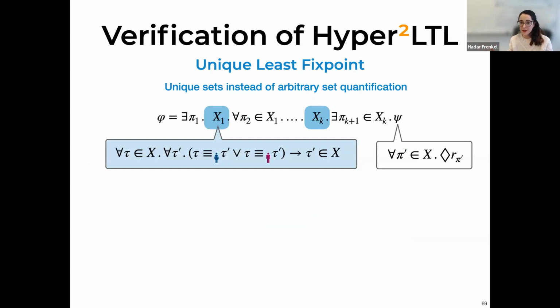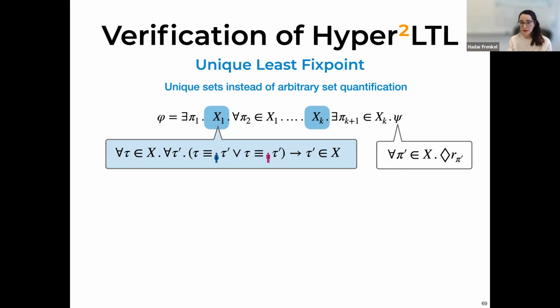X1 and XK here are second order sets that are defined, as we said, using some formula that defines a fixed point. And psi is whatever we want to verify on the sets that we defined. So here, for every trace, the property, the message is eventually received.